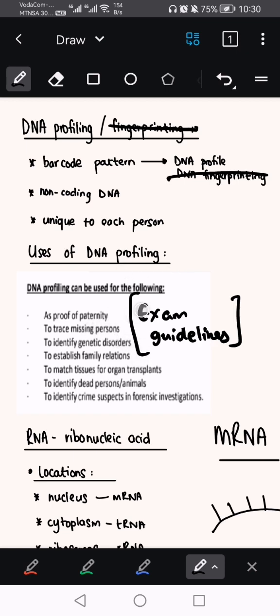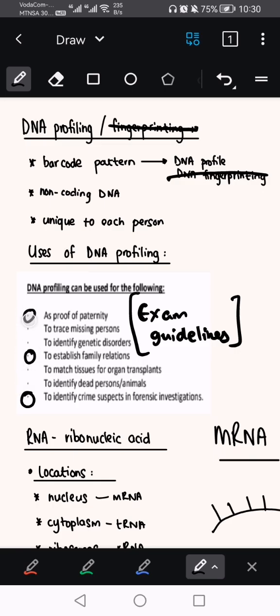But anyway, from exam guidelines, this is what it's used for: proof of paternity, tracing missing persons, to identify genetic disorders, establish family relations, match tissues for organ transplants, to identify dead persons or animals, to identify crime suspects in forensic investigations. That's a very common one. This is also a very common one.